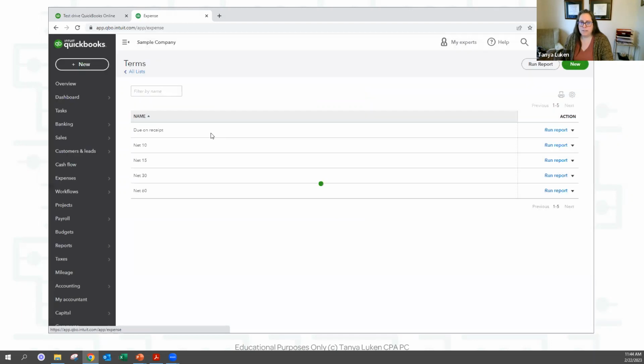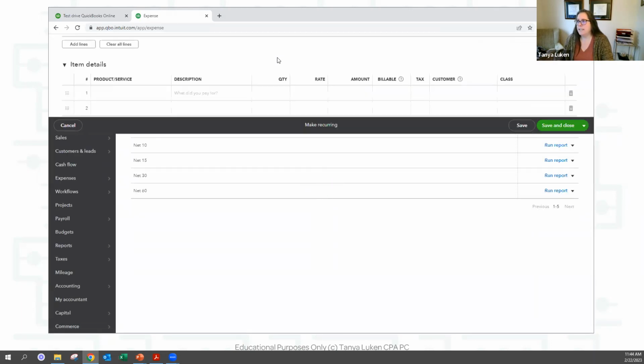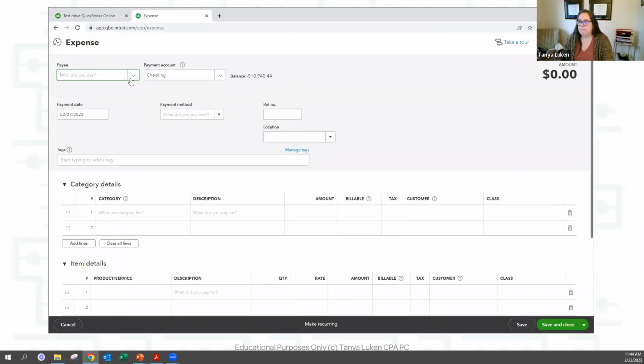So on an expense, I'll pick my Barbara Gordon again. And here's the location, right? This location is above this line, in the gray part at the top, and it's in the same place whether it's an expense, check, a bill, a credit, any of those.